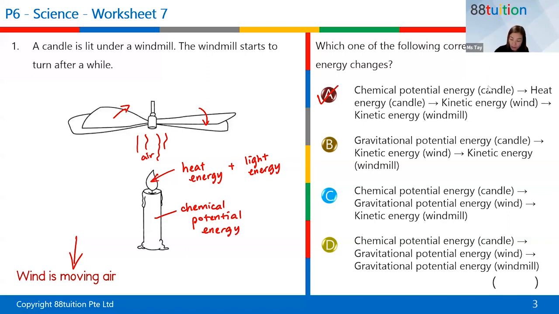In this answer, we talk about the candle, then the heat energy of the candle, then kinetic energy of the wind, kinetic energy of the windmill. What about this? Why is it that light energy is not inside here?